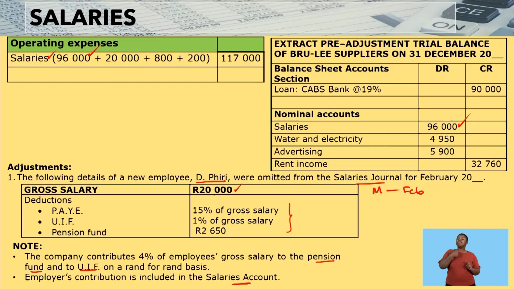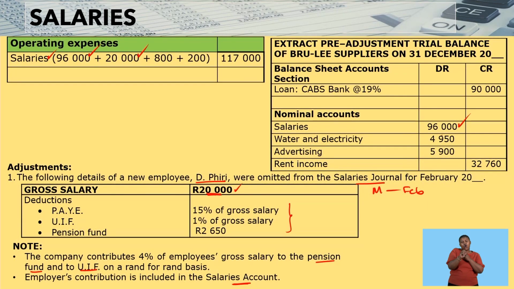And our cost for this particular employee, we see it in the gross salary. So I will take the gross salary as it is. I'll come here and I'll say 20,000. That is the gross salary. So I've added my 20,000 to the amount that is in the nominal account section. So I have my 96, then I come and I add my 20,000.